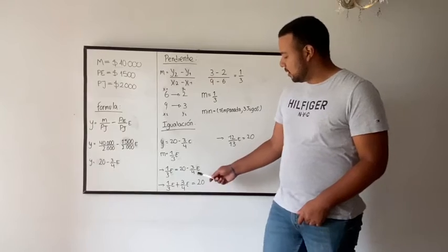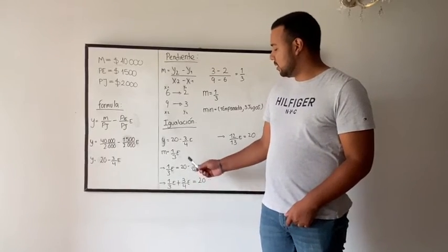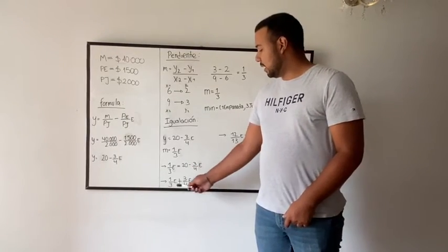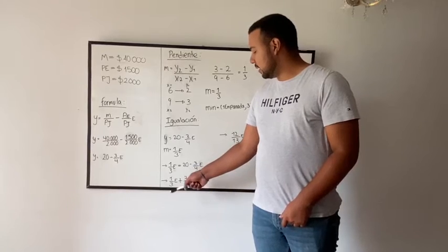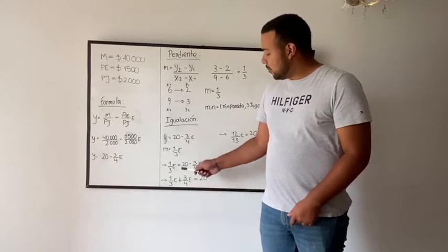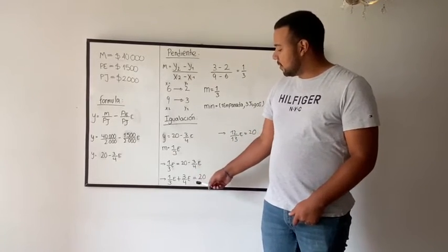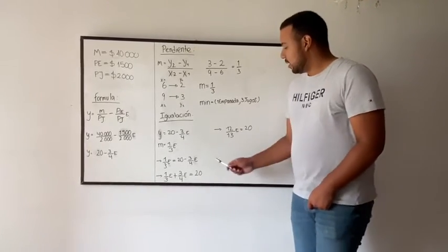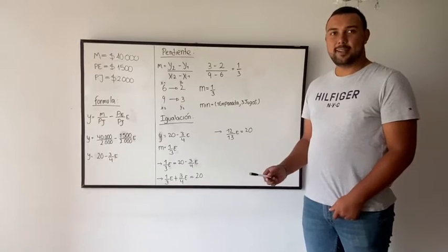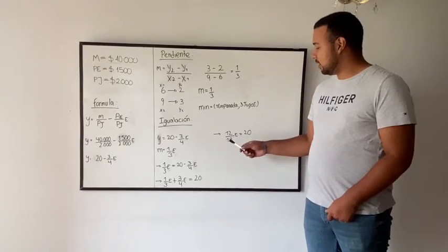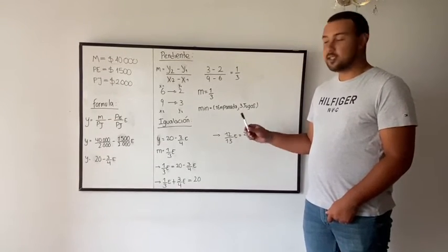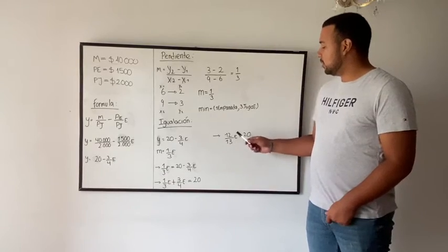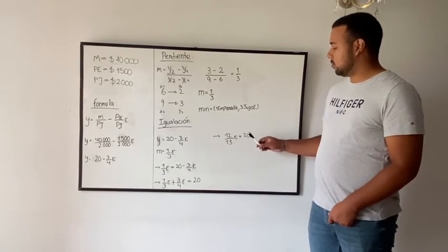I move this to the other side of the equal sign to add 1 divided by 3 times x plus 3 divided by 4 times x, which is equal to 20. Continuing, the result of that is 13 divided by 12 times x, which is equal to 20.